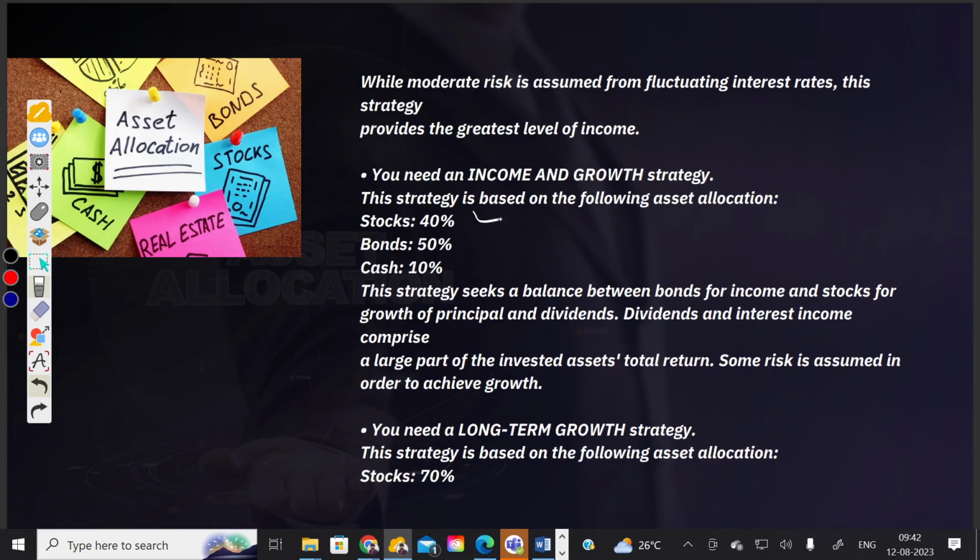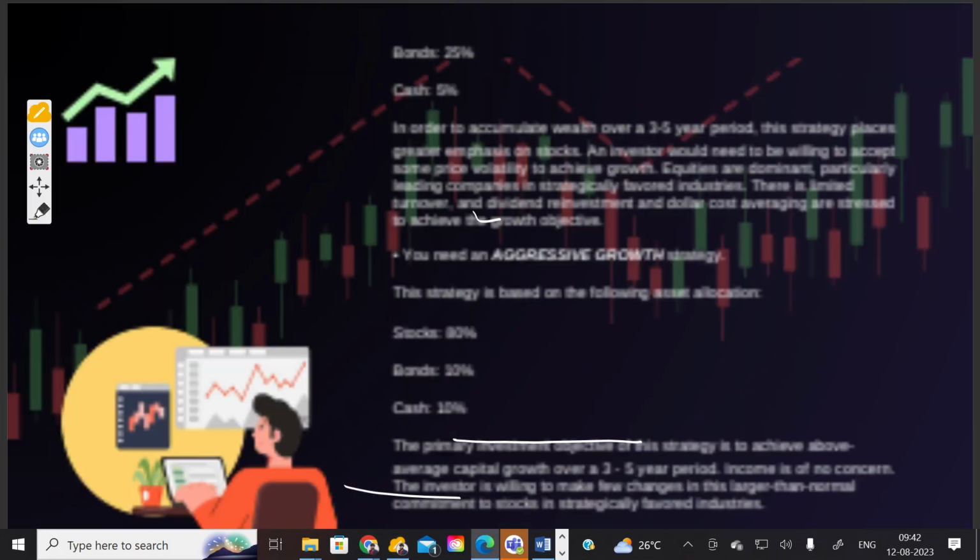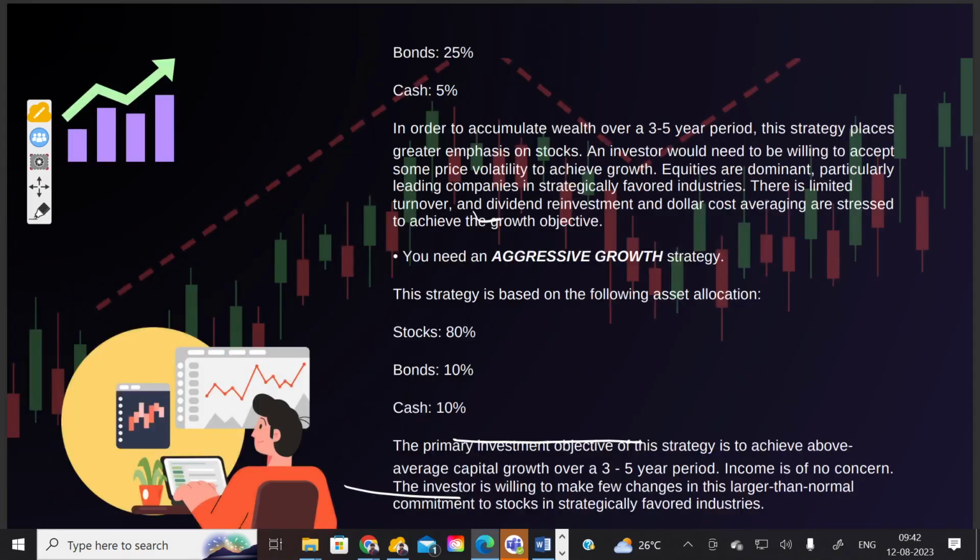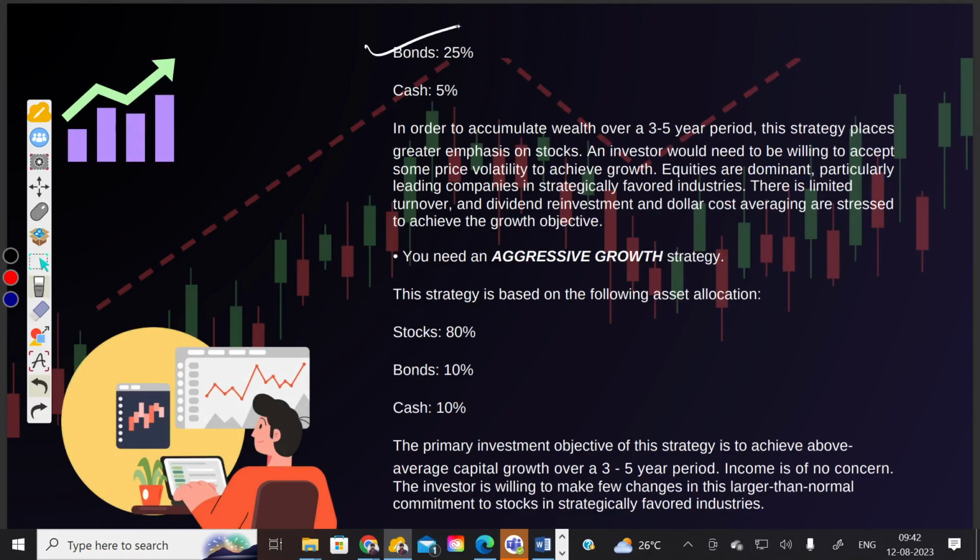But under the long-term growth strategy, we will invest 70% in stocks. And that's how your allocation will change automatically. So this: 70% in stocks, 25% in bonds, and 5% cash only, meaning money market instruments. So that becomes your long-term growth strategy.